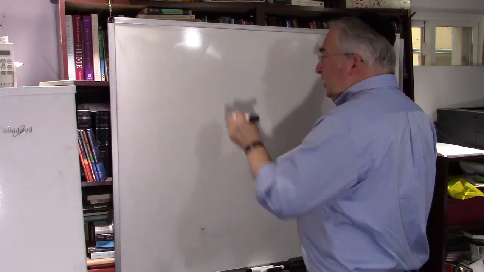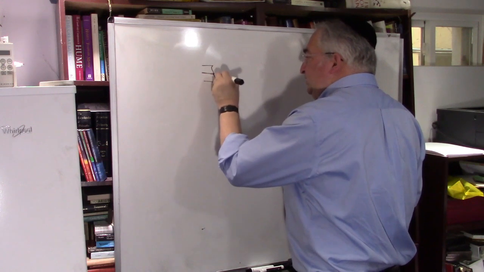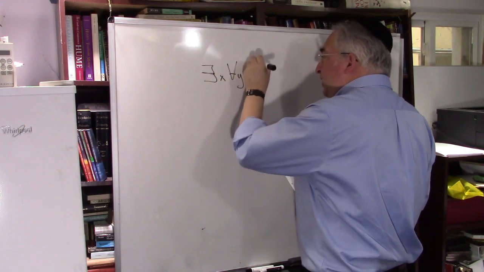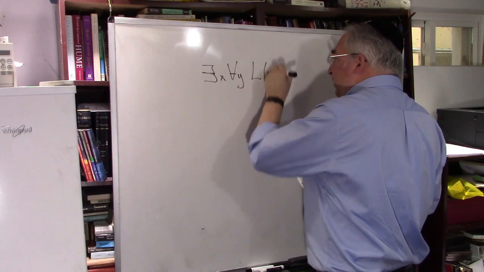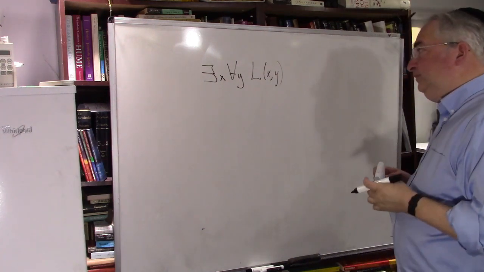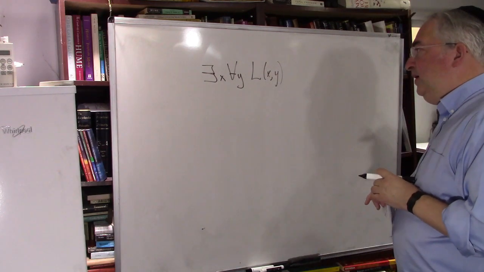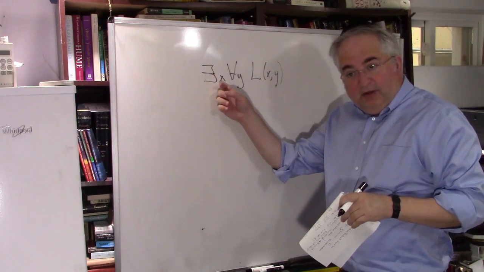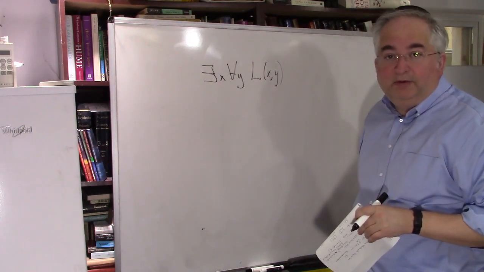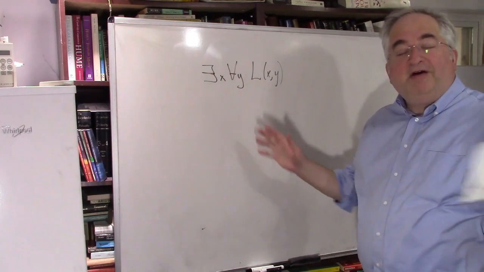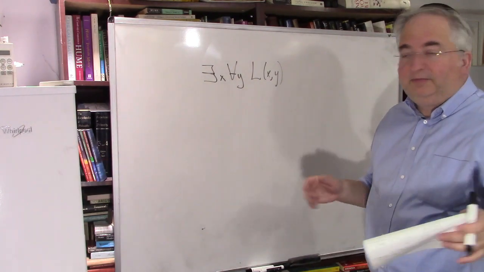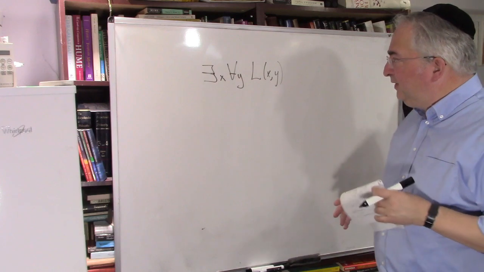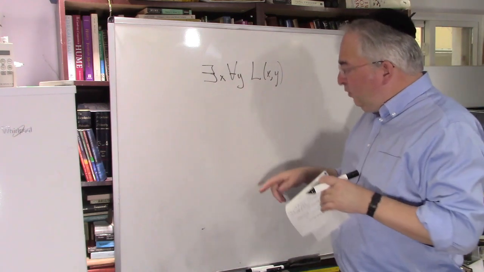Okay, how about this? There exists an X such that for all Y, L(X,Y). What does that say? There is somebody who loves everybody. They love everybody no matter what. So that's different than what we saw before.